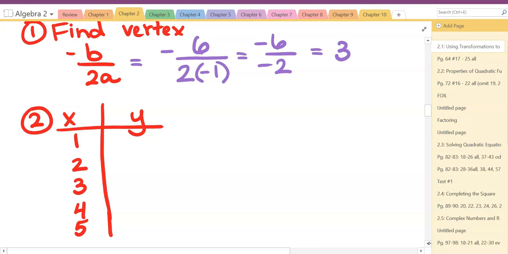So for that chart, for 1 you should have gotten -3. 2 should have been 0. 3 is 1. Then you should get another 0 and -3 again. So now let's graph it.